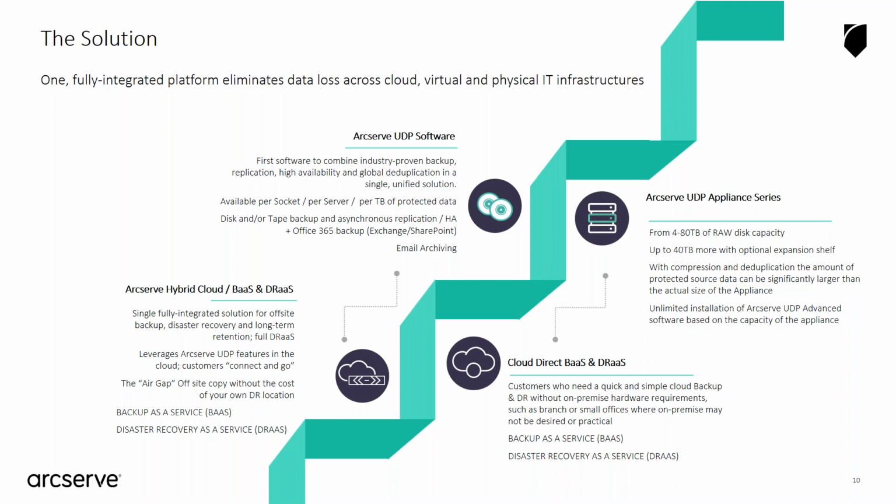Now, UDP can also be delivered as an appliance. In 2015, we started to launch Arcserve appliances, and they've been hugely popular for us. The idea with the appliances is that it's all about simplicity. So instead of you having to go out and buy a separate Windows server, storage, license all that and manage it, you can buy a box from us that comes with the operating system, the server, the storage, and all the software pre-installed.